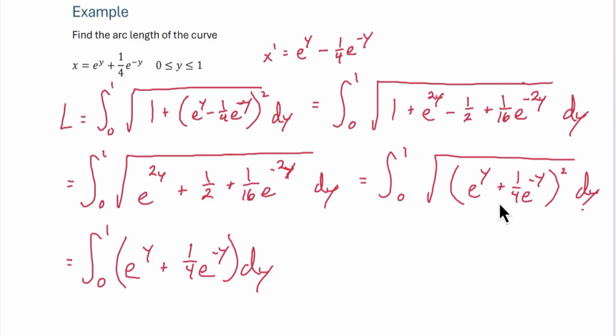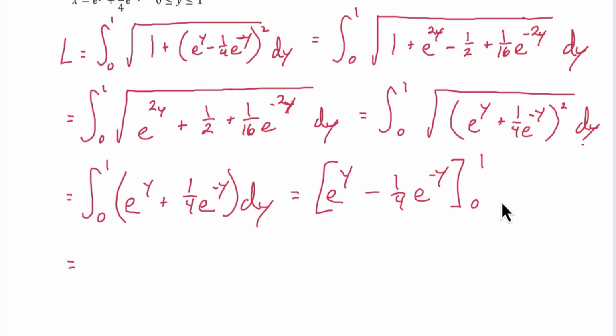If we don't end up with a perfect square under the radical, we may need other techniques like using approximations like the trapezoid rule. At this point, we can integrate. The integral of e to the y is e to the y, and we get minus 1/4 e to the negative y for the second term, and we are evaluating all of that from 0 to 1.